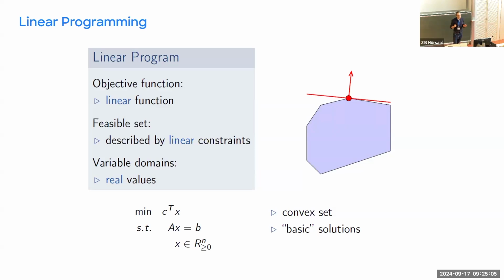Often we assume that the variables are non-negative, but they can be free or have some other arbitrary bounds. So all in all, this gives you a convex set of feasible solutions. And we will learn later that there are special solutions which are kind of the corners of this feasible region, which we call basic solutions or vertex solutions, which is a slightly different concept, and we'll get into this.